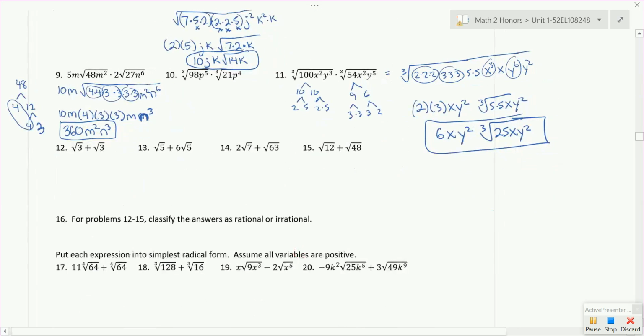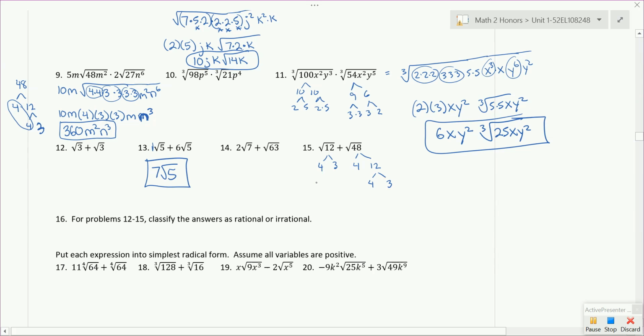Number 13, we have 1 root 5 plus 6 root 5, which is 7 root 5. Remember, you can only add or subtract radicals if the root is the same. So in 15, we can't add root 12 and root 48. But we can simplify these. 12 is 4 times 3. 48 is 4 times 12, which is another 4 times 3.